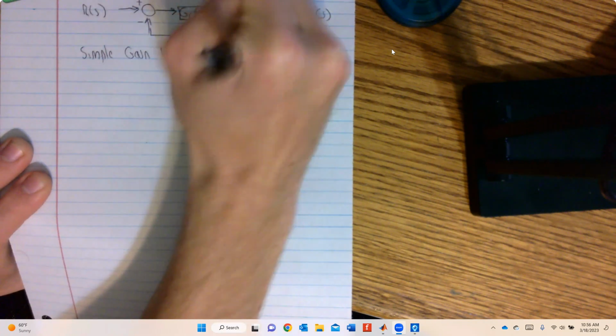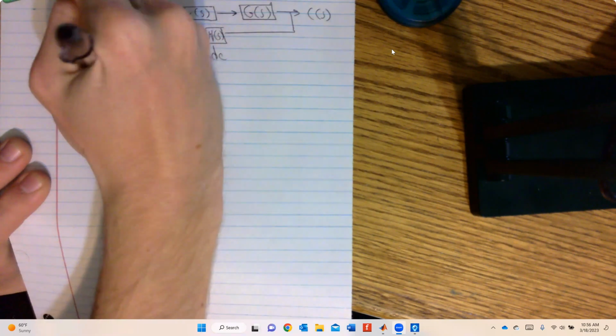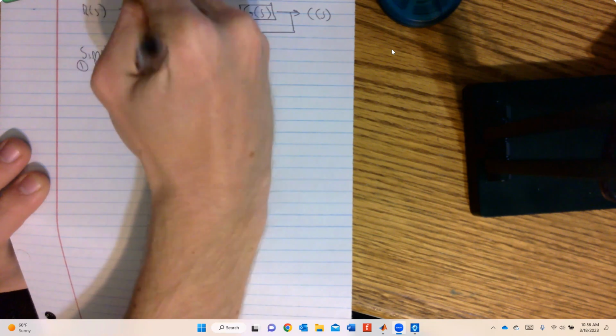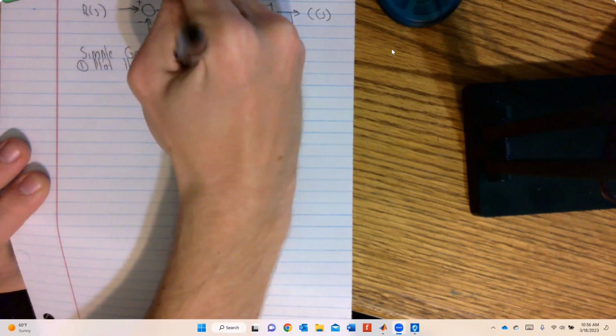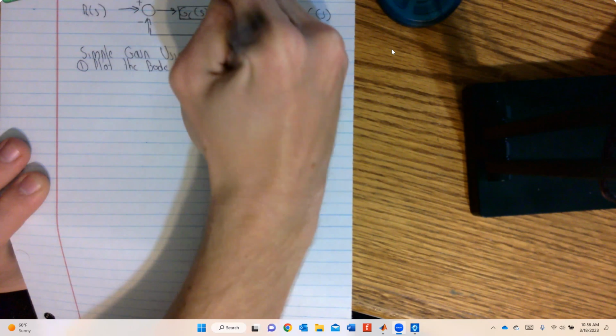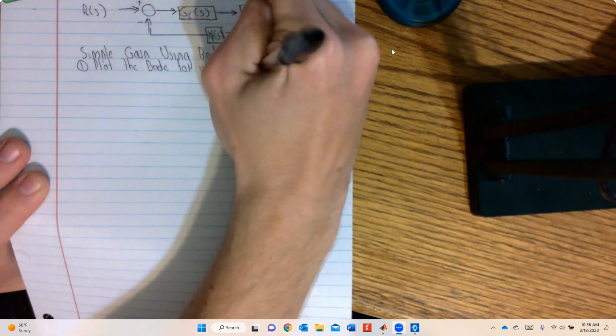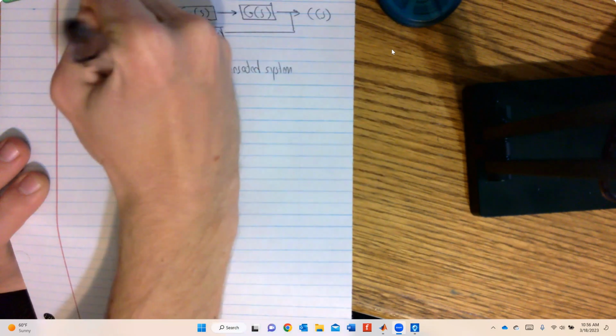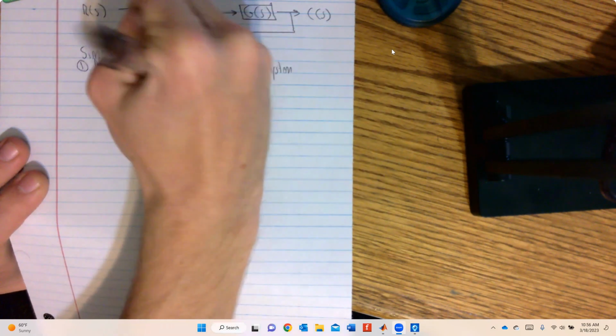The first step is you plot the Bode for the uncompensated system. That is going to be your L of s, which is equal to G of s times H of s.